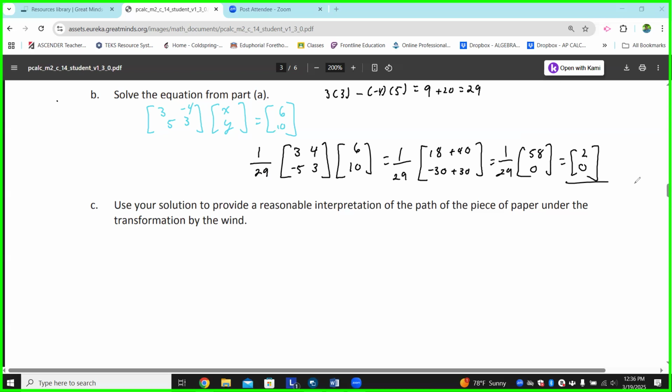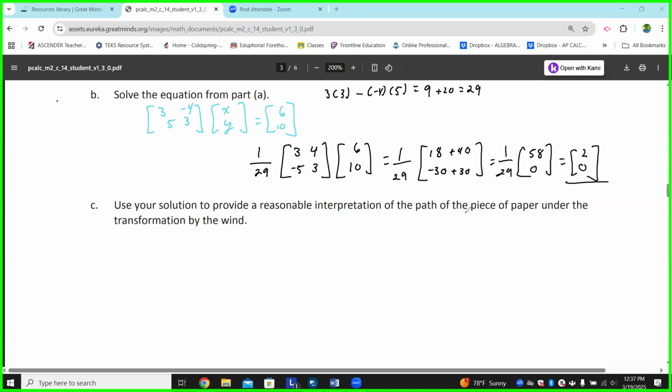There's your answer. Good? And just like all math problems, let's relate it back to the word problem that we originally had. This was a piece of paper that was carried by the wind into a tree. What do you think the solution (2, 0) means? So again, the piece of paper carried by the wind landed at what they're calling (6, 10).